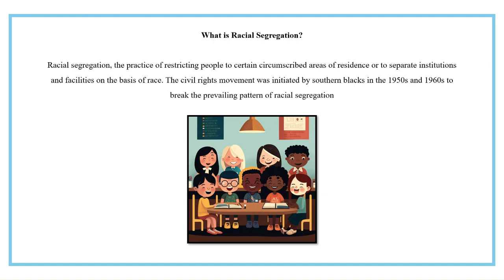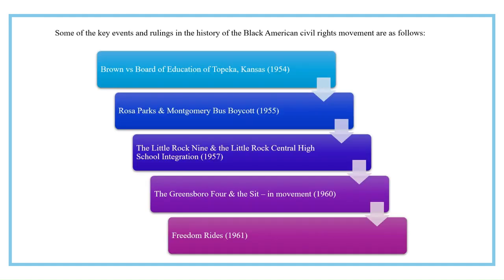The civil rights movement was initiated by Southern blacks in the 1950s and 1960s to break the prevailing pattern of racial segregation. Here are some of the key events and rulings in the history of the Black American Civil Rights Movement.